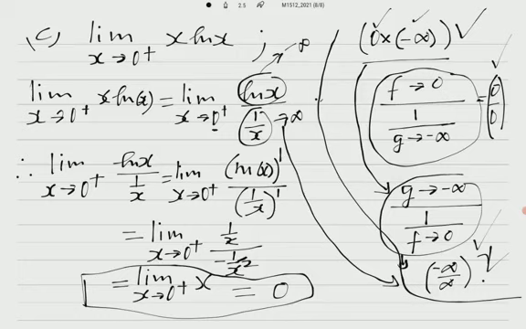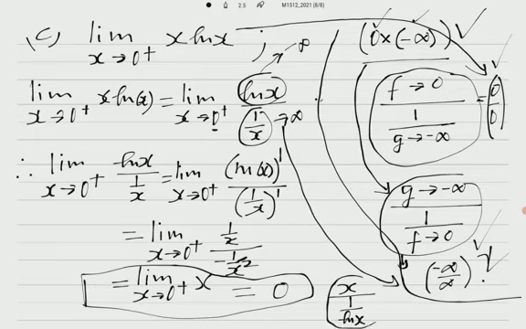So what I want you to try and see is that you might get into danger. When you're at home, go for this form. That means you modify this function to come to 0 over 0. So you can put that as x being divided by 1 over ln of x. Because x will go to 0 and then ln will go to minus infinity, but you're taking 1 over that, it will go to 0 over 0.